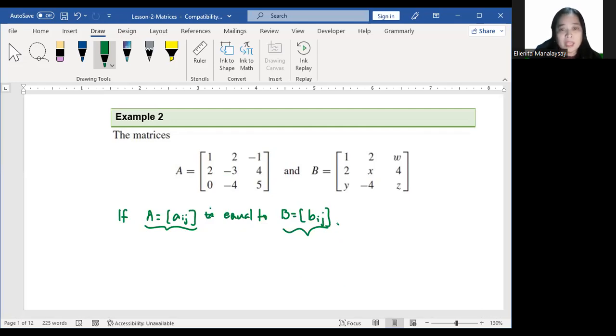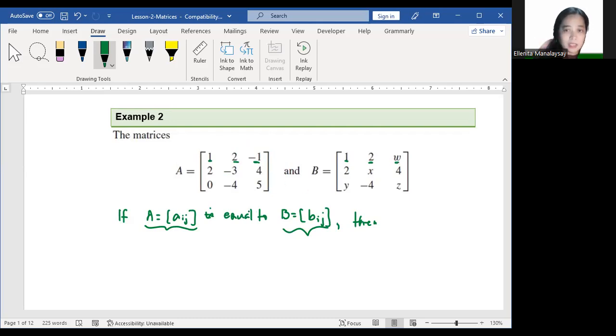If these two matrices are equal, then the corresponding entries are equal. So the entry in the first row, first column of A should be equal to 1. The entry in the first row, second column of A should be the same as the entry in the first row, second column of B. The entry in the first row, third column of A should be equal to the entry in the first row, third column of B.